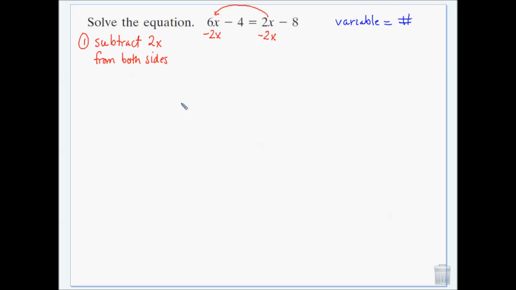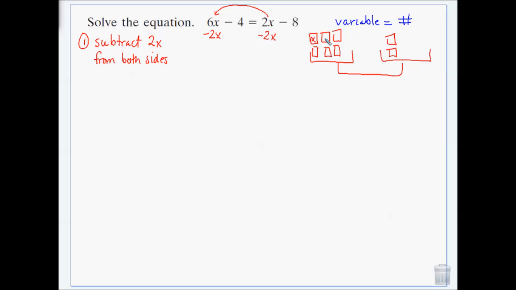So here, I'll draw you what I mean. So I have a balance scale, right? That's a terrible picture, okay. So this equation has 6 bags on one side and 2 bags on the other.